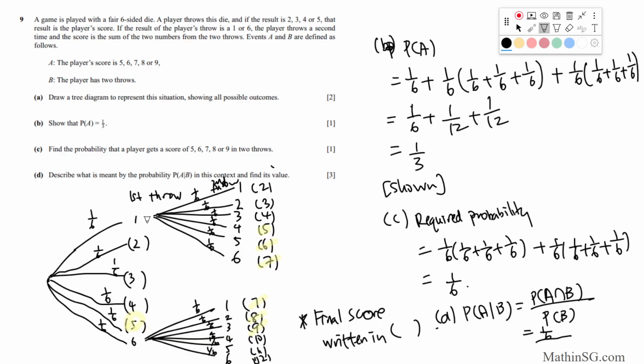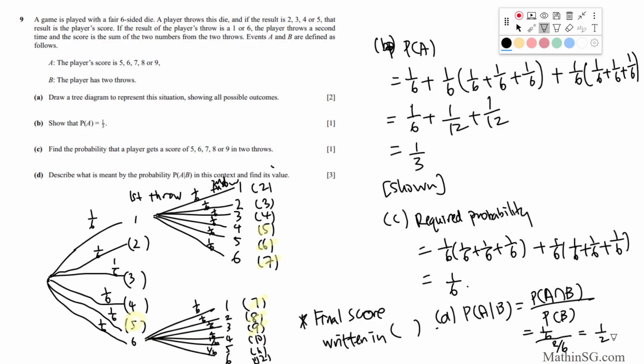That means he has 2 throws, that means he gets a 1 or a 6 in the first round, right? So there are 2 outcomes out of 6 possible outcomes. So the probability of B is 2 over 6. So this will give us an answer of half.